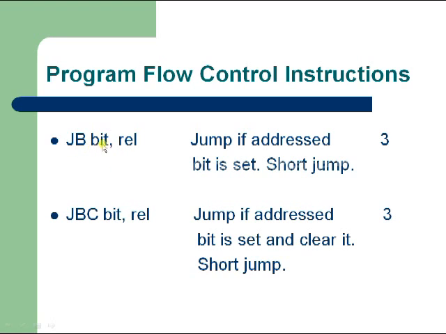If the specified bit is set, then it jumps to the relative address. JBC bit, relative address, means jump if the addressed bit is set and clear it. It jumps to the relative address whenever this bit becomes 1, and while jumping to this location it clears the bit.